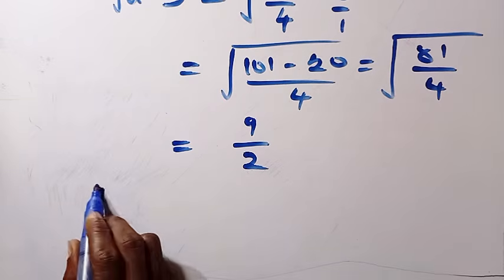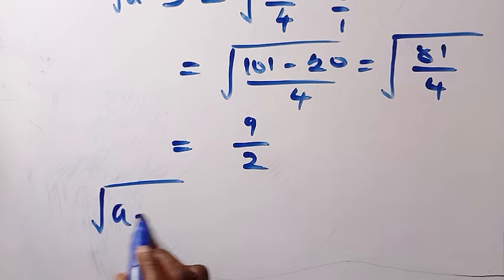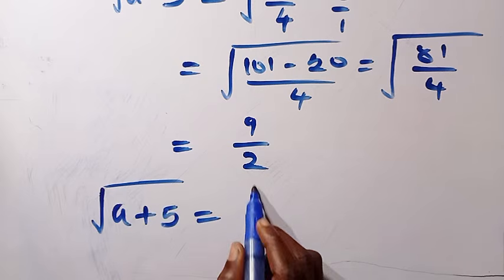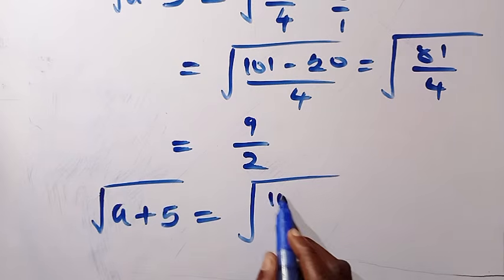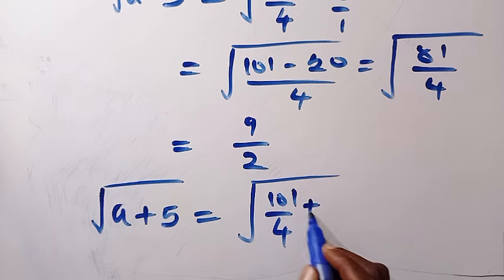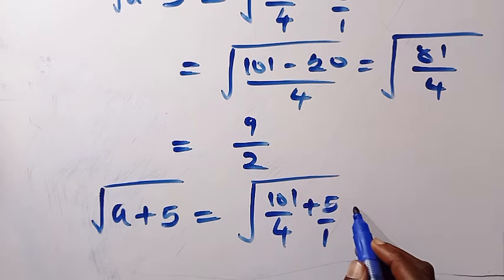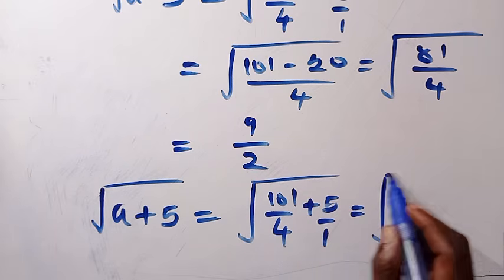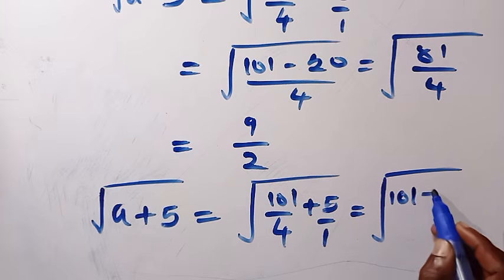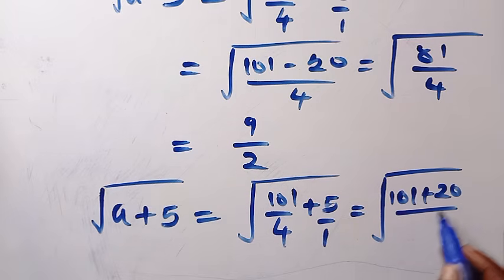And again, let's check for a plus 5, and that is the square root of 101 divided by 4 plus 5 over 1. So this equals the square root of 101 plus 20 divided by 4.